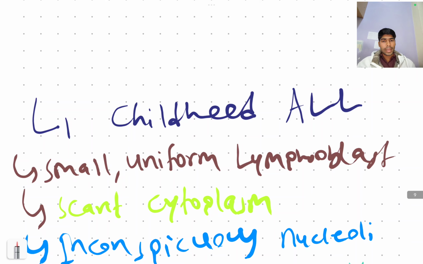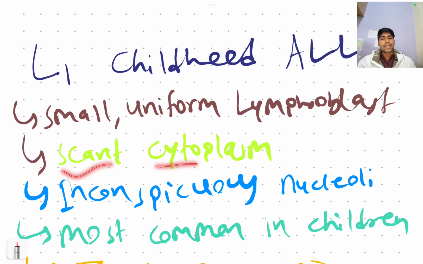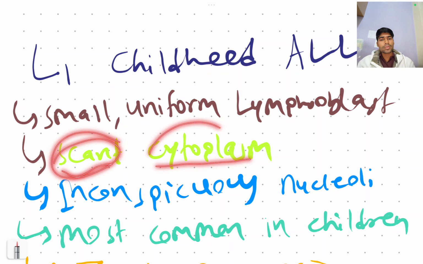Now let's talk about ALL. So L1 is childhood ALL. All right. And there is presence of small uniform lymphoblasts. Lymphoblast is the first one. And then there will be very small amount of cytoplasm.